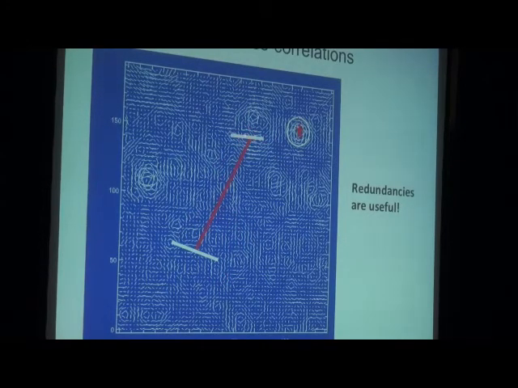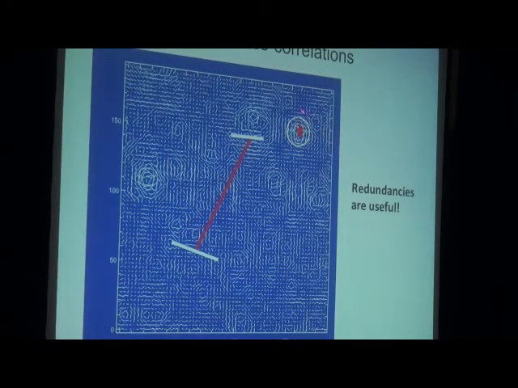What we do is take the shear at this position, the shear at this position, shown exaggeratedly here, and take the dot product of the two shears. It's actually a complex or spin 2 field, so it's like this shear times the complex conjugate of this shear. That 2-point function is a measure of the projected 2-point function of the mass distribution, in other words, the power spectrum of the mass distribution.